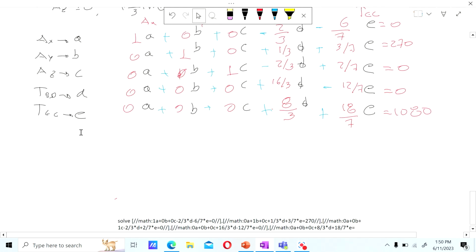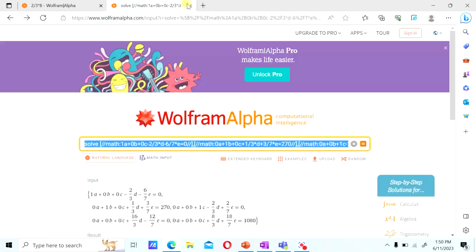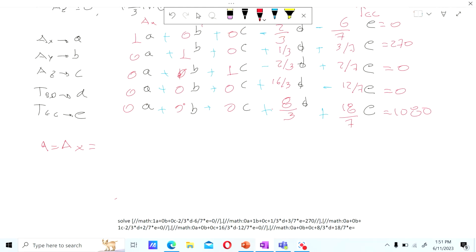So AX is equal to 675 divided by 2, 337.5 pound force.